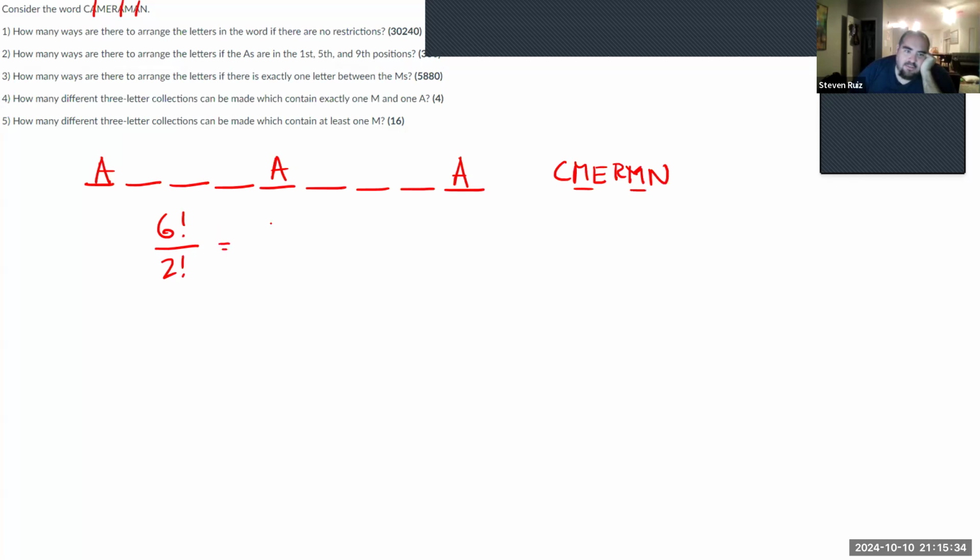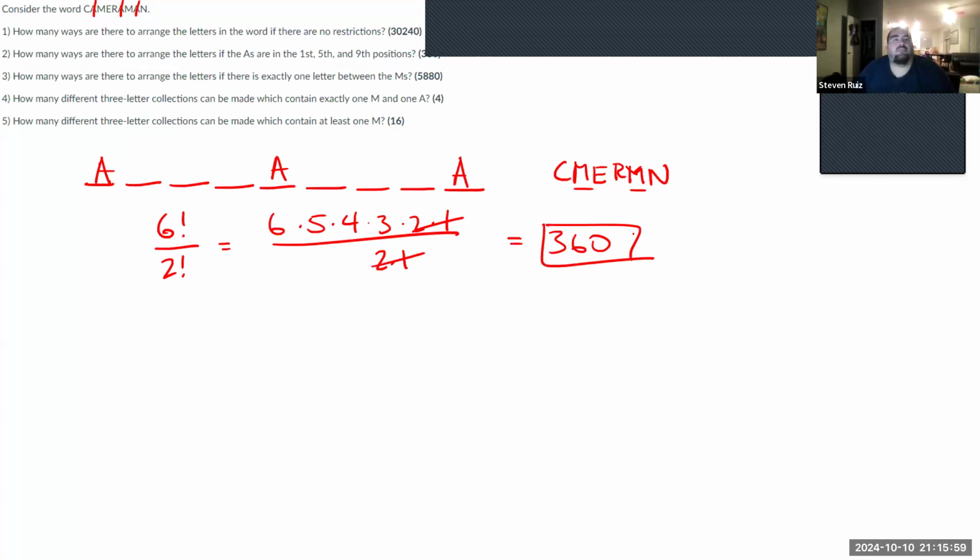So I think my final result is going to be 6 factorial for the 6 permutations, and then I'm going to divide that by 2, because swapping the M's is going to give me something identical. So over 2 times 1. 6 times 5 is 30, times 4 is 120, times 3 is 360, which is what I was looking for.